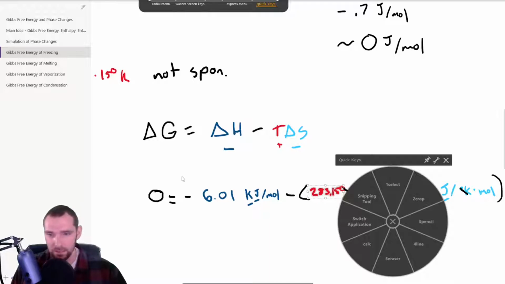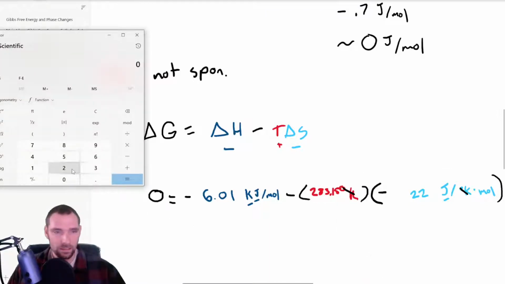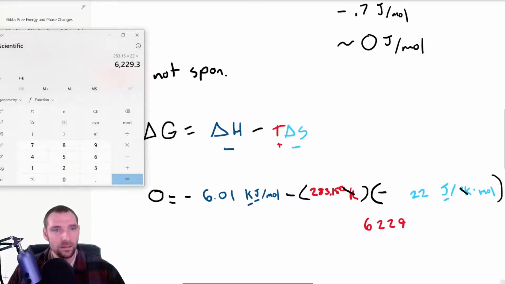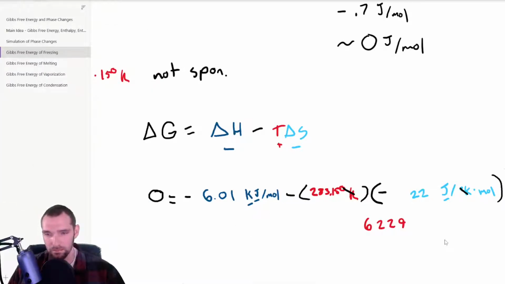And then if we get our calculator out, we can take our 283.15 times our 22. And we've got 6,229.3. And we're adding this because it's subtracting a minus, right?